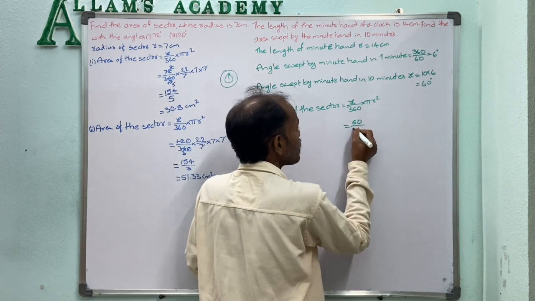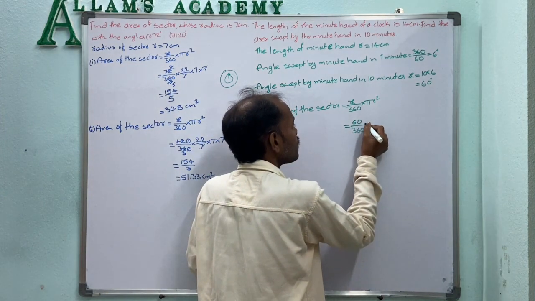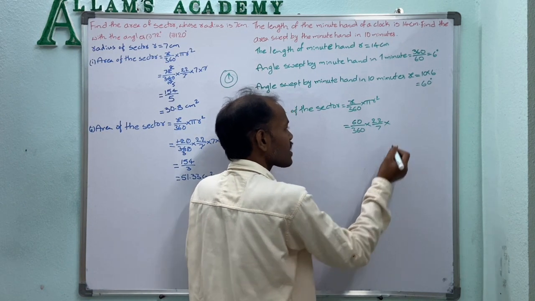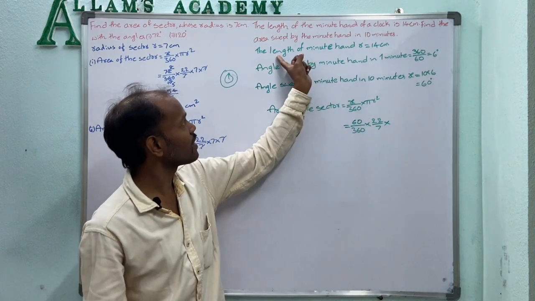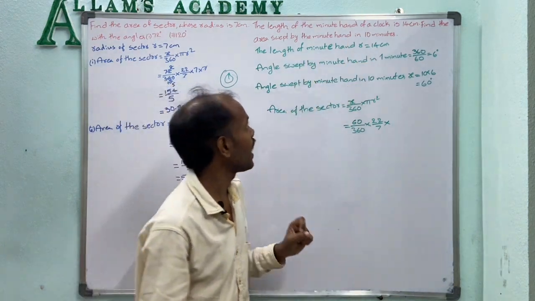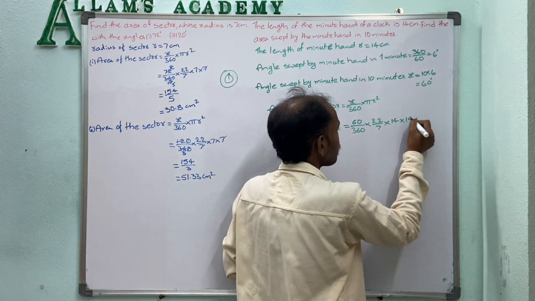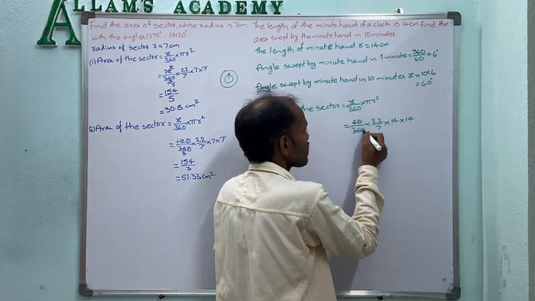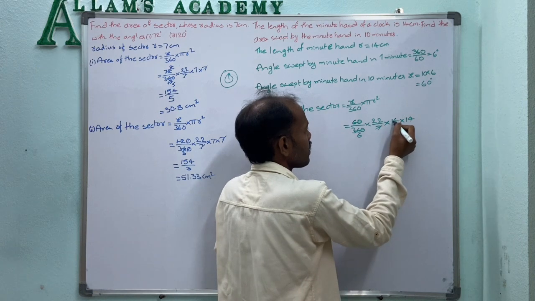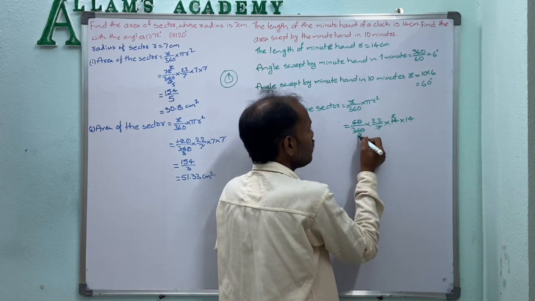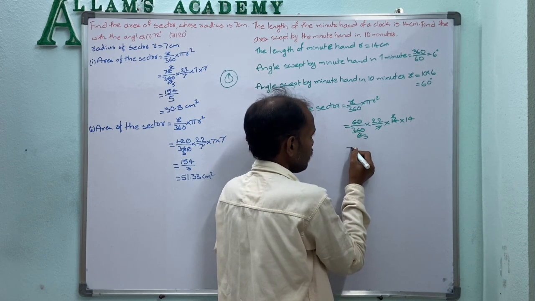So 60 by 360 into pi value is 22 by 7, and the radius of the sector is nothing but the length of the minute hand, that is 14 into 14. So 60 ones are 60, 7 twos are 14, 2 ones are 2, 3 twos are 6.